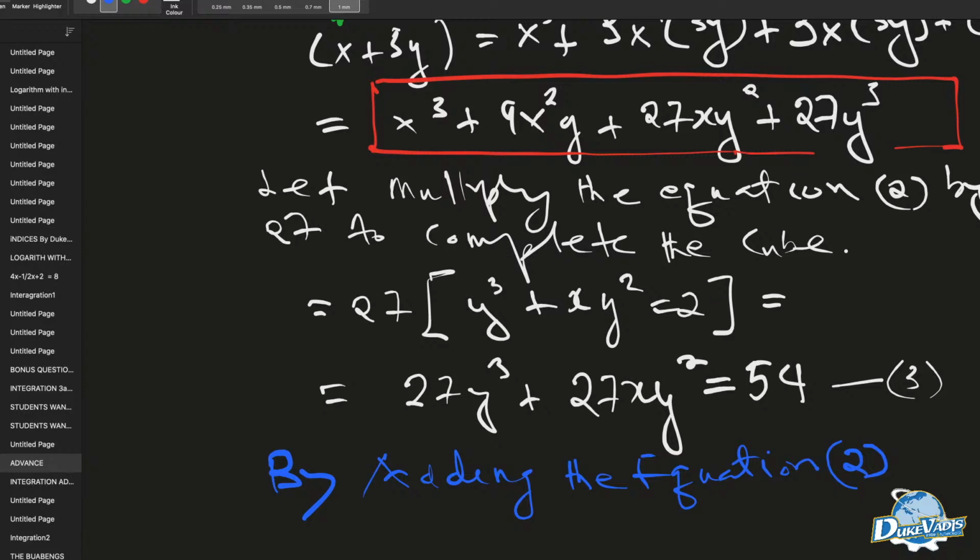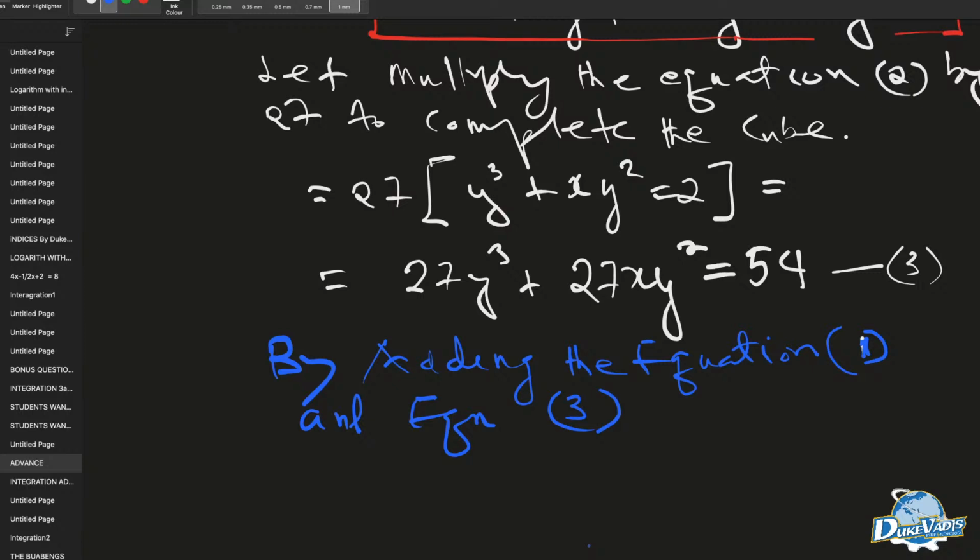I think that will be easier. Equation 1 and 3 will help us to make things easier. So we say by adding equation 1 and equation 3.